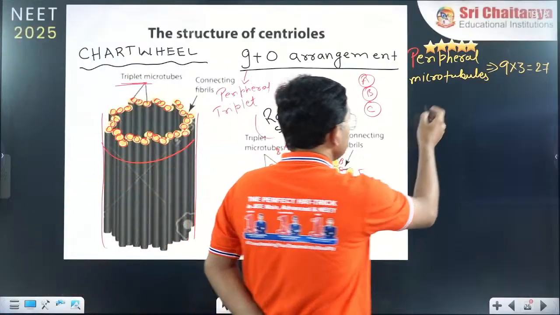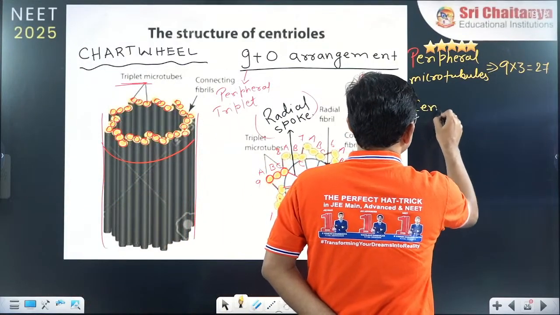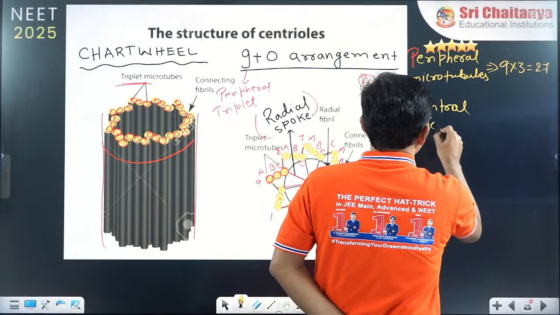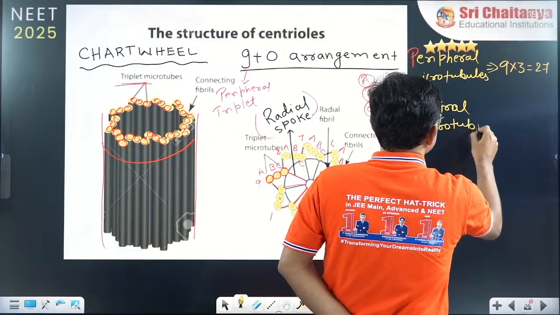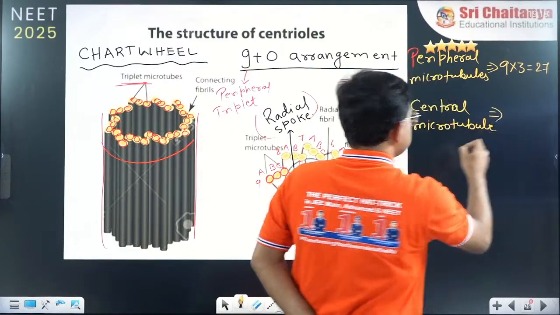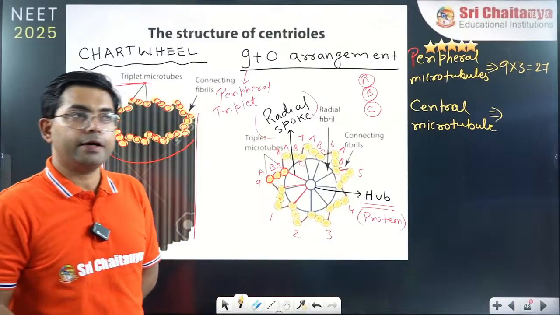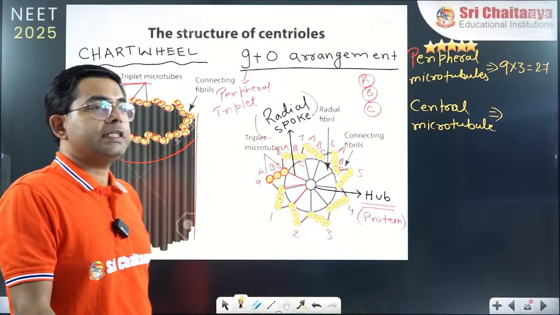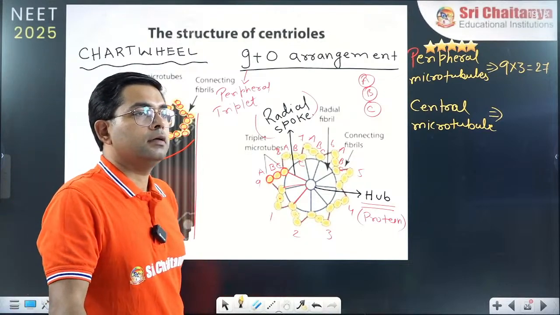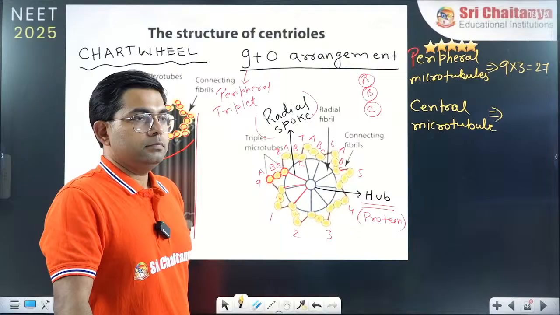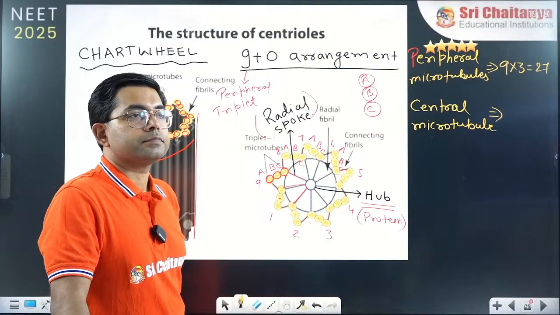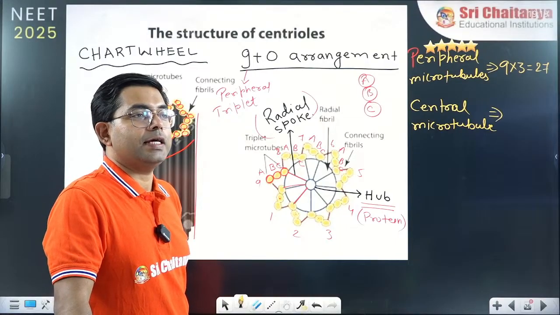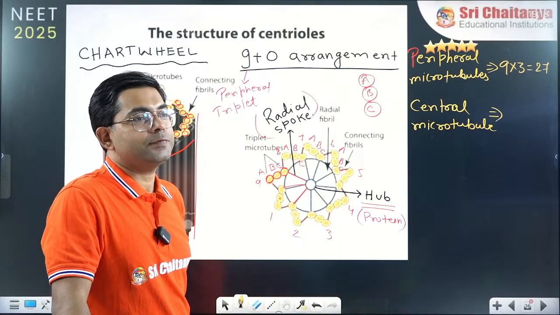Now if I ask you the next question, again you answer. This is also a star question: central microtubule, how many? Tell me. Yes, again Tanish has given the correct answer first.